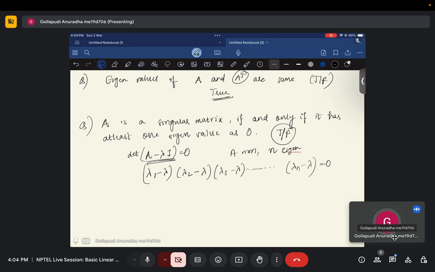So when you put, for example, lambda equal to 0, then you will get lambda 1, lambda 2, lambda 3, up to lambda n as the product, right? So if at least one is 0, it means that the determinant is going to be 0, which means that it's a singular matrix. So it's going to be a true statement.